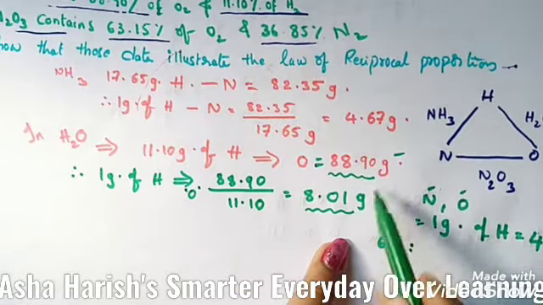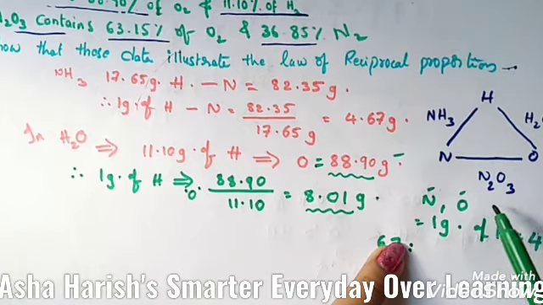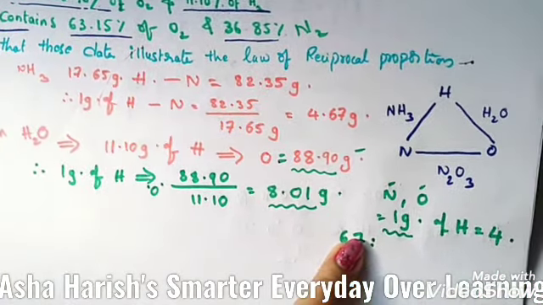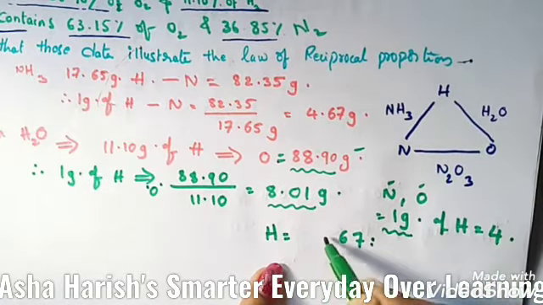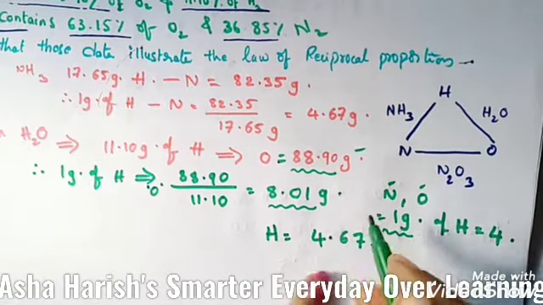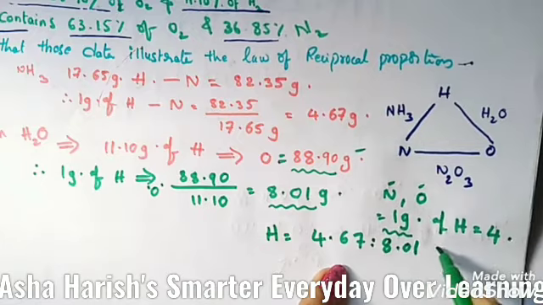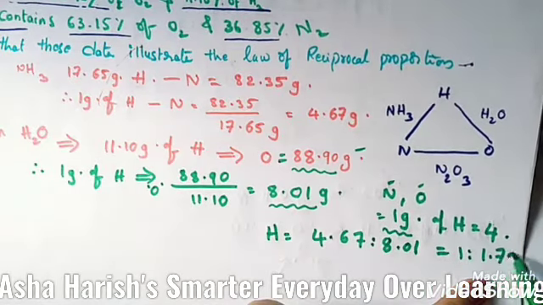Now students, the ratio of the masses of nitrogen and oxygen which combine with the fixed mass, that is 1 gram of hydrogen, is equal to 4.67 is to 8.01, which is equal to 1 is to 1.72.